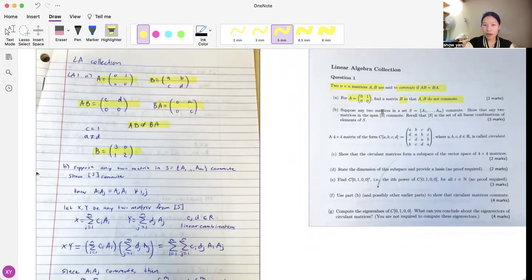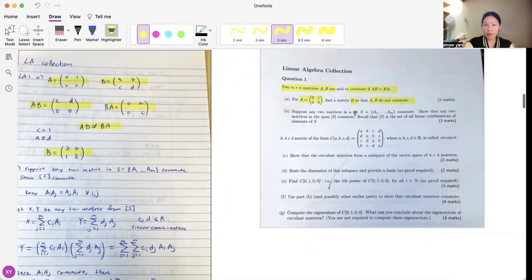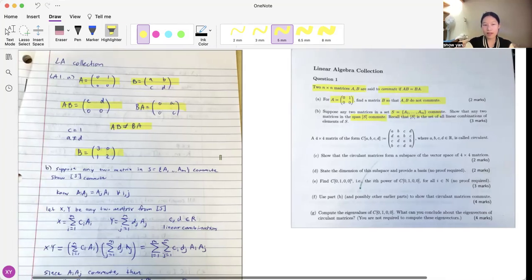And then in part B, we have: suppose any two matrices in the set S, from A1 to Am, commute. Show that any two matrices in the span of S commute. Recall that the span of S is the set of all linear combinations of elements of S. Okay, so I just go with my conditions.